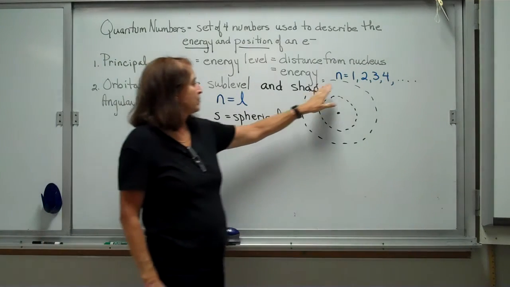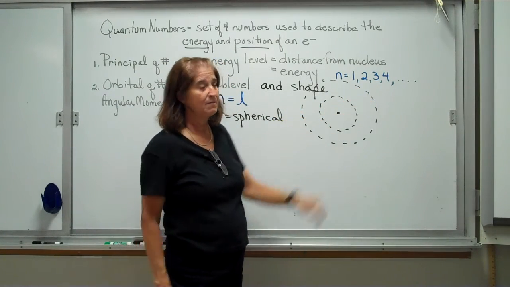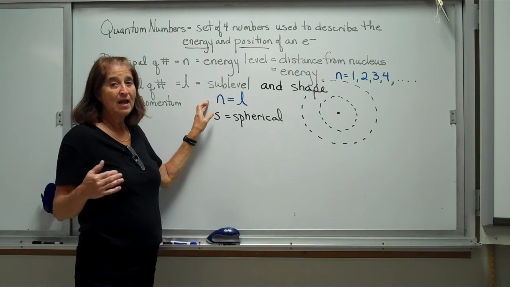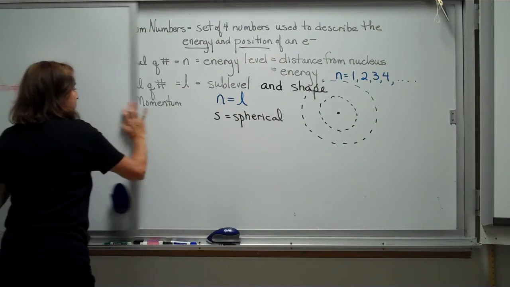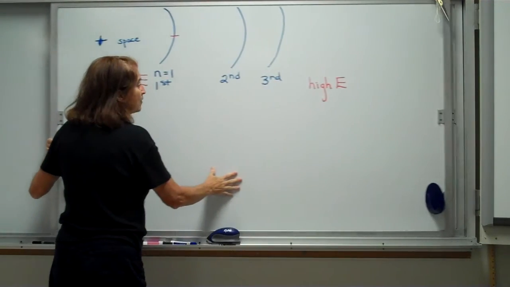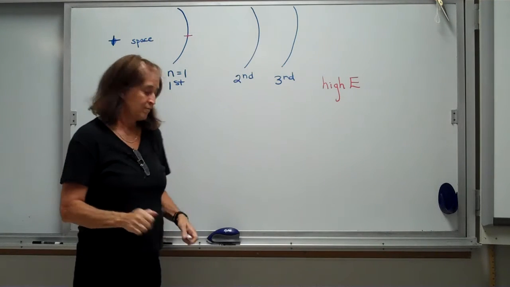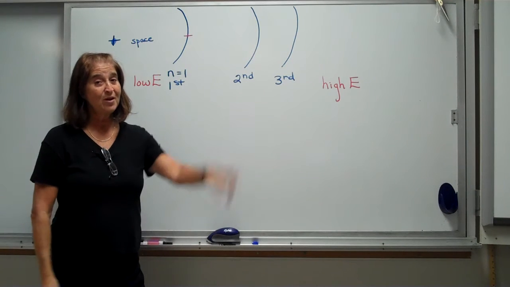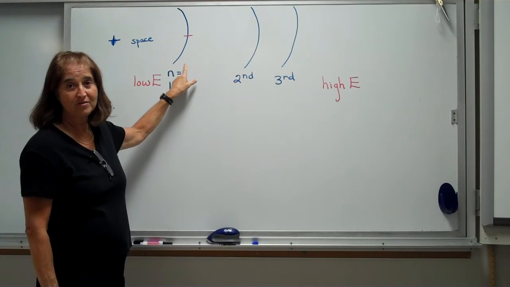Now, n is 1, 2, 3, 4. Those are the energy levels. But n equals l. Let me draw that for you. If n equals l, then in the first energy level, we are only going to have one sublevel, and it's already drawn here.